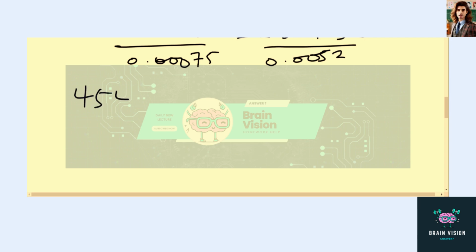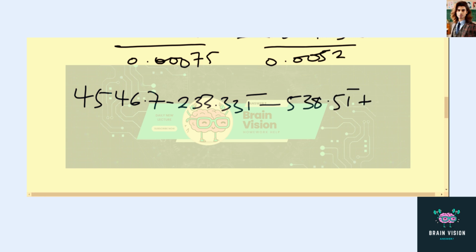This gives us 4546.7 minus 233.33 T is equal to 538.5 T plus 10769.2.